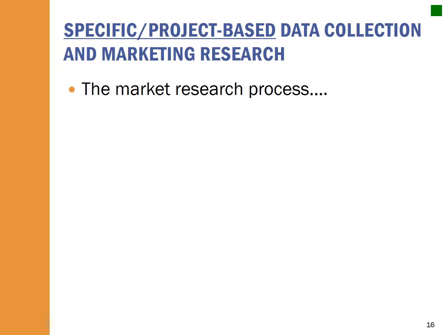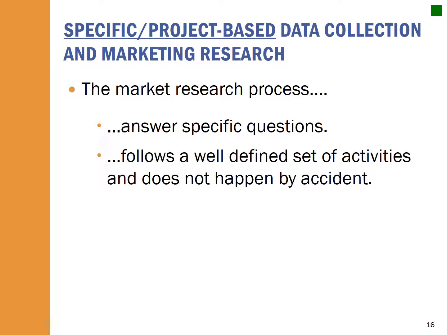You'll remember that this project-based research is what you most likely focused on in your marketing research class. You use it to answer specific questions. You use this in a well-defined set of activities that are planned and organized. So market research projects are done in a process system.